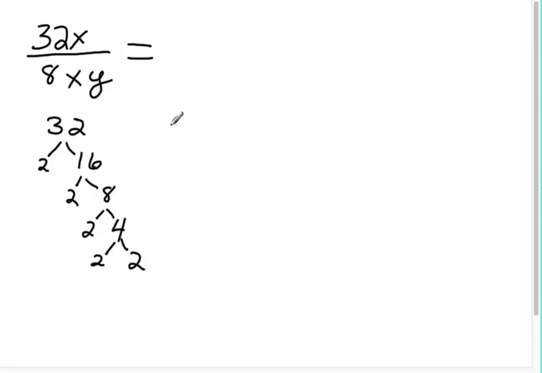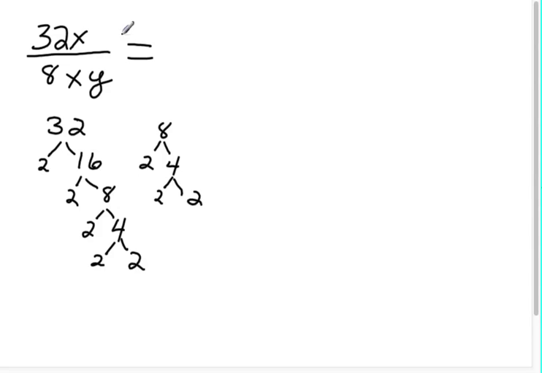And I know that 8 is 2 to the 3rd power. You also will probably recognize that 8 divides into 32. So hopefully you can recognize right off the bat that the greatest common factor of my coefficients, the numbers that come before the variable, is 8.